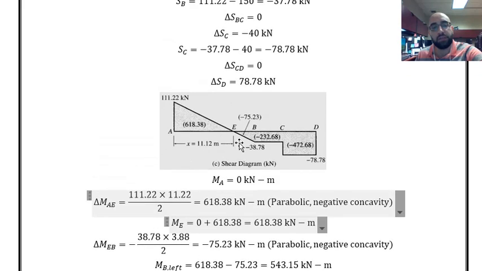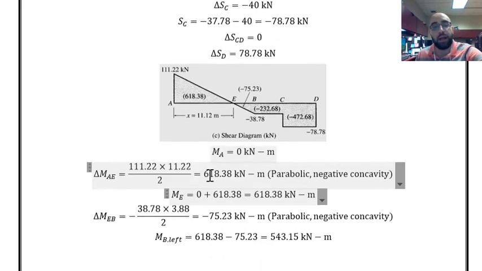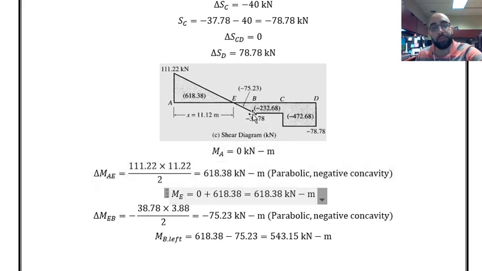Then we have this diagram from point E to point B. As you can see, the shear is negative, so the amount of bending moment should be reduced, and the amount of change is equal to the area under the shear diagram.